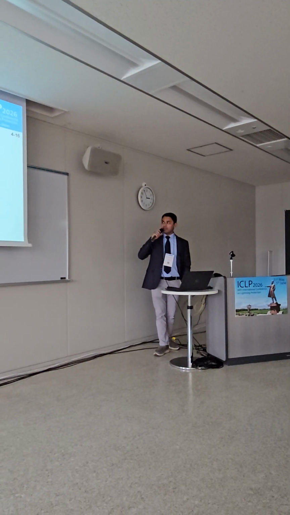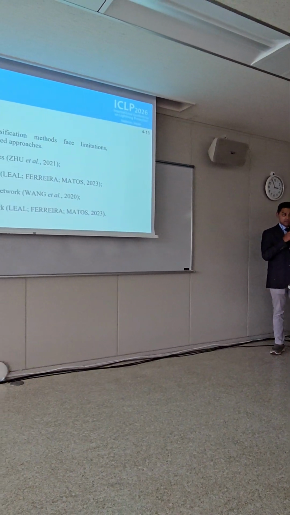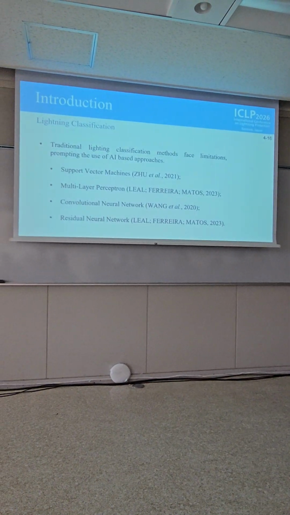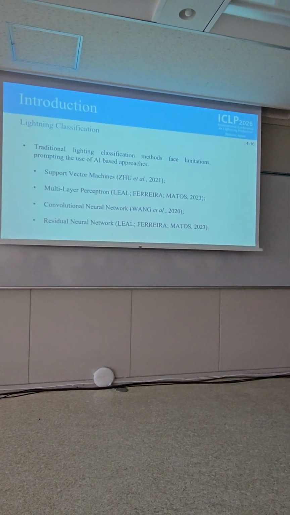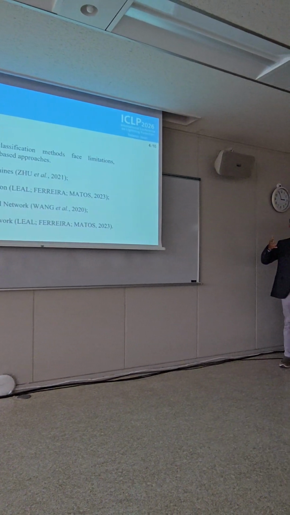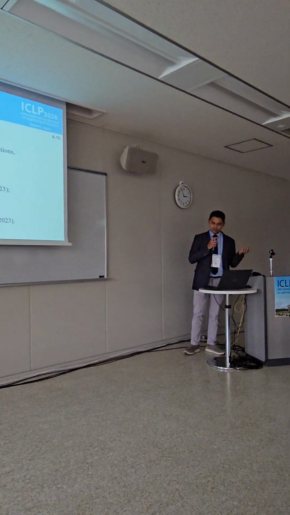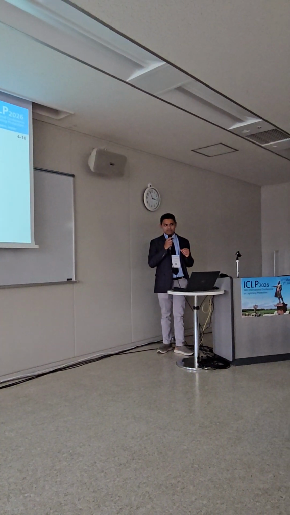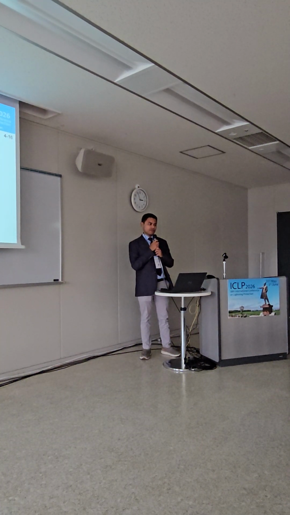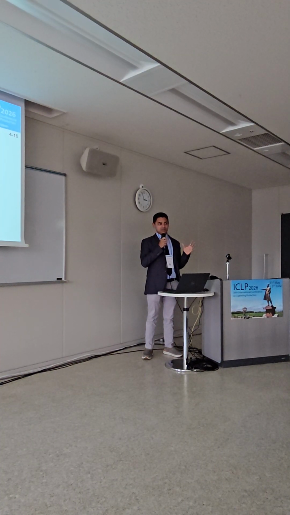Lightning classification: the traditional classification methods face some limitations. So using AI is probably a good direction to improve the performance of lightning location systems and also the classification of electric fields in general. Over the past 5 or 6 years, a lot of people have tried to apply AI to classify lightning electric fields using different machine learning models.